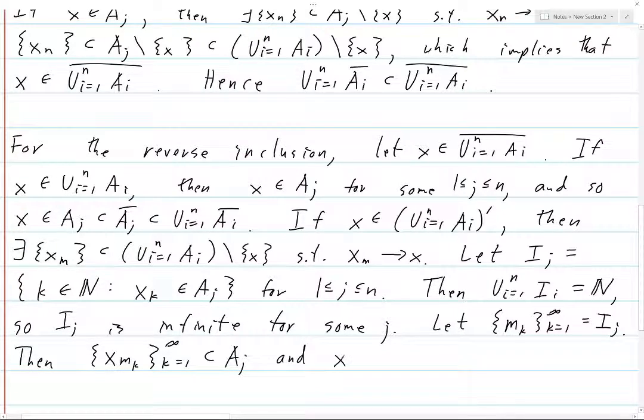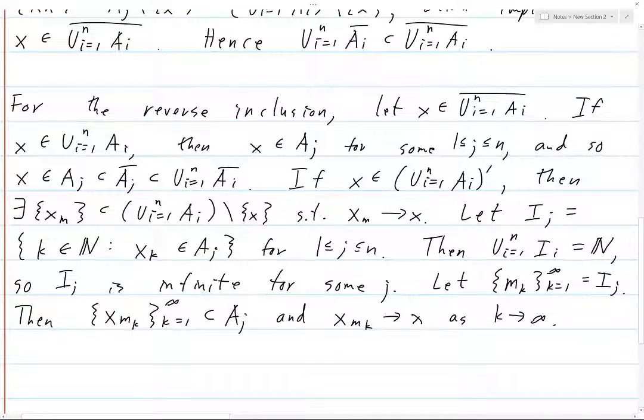And furthermore, xmk converges to x as k goes to infinity, and that's because xm converges to x as m goes to infinity, and that convergence will remain true if you restrict it to a subset of indices. Okay?